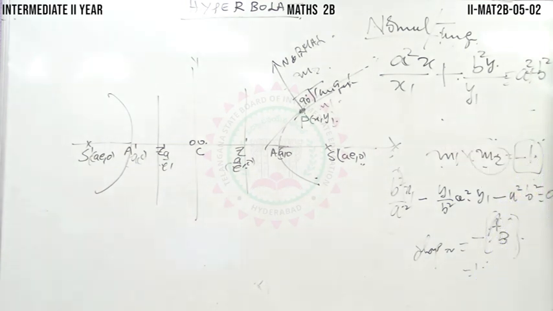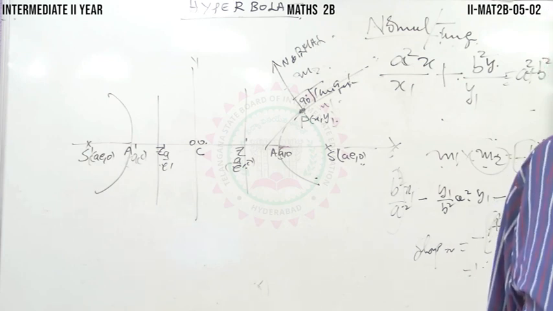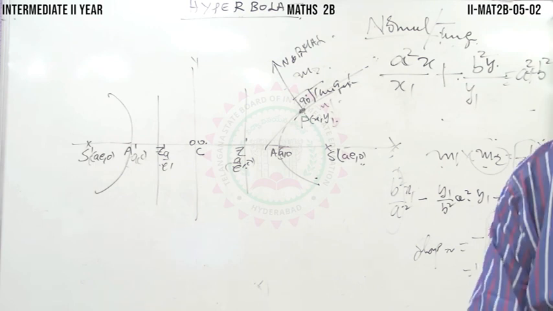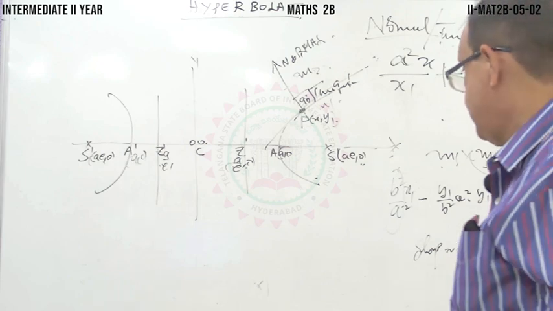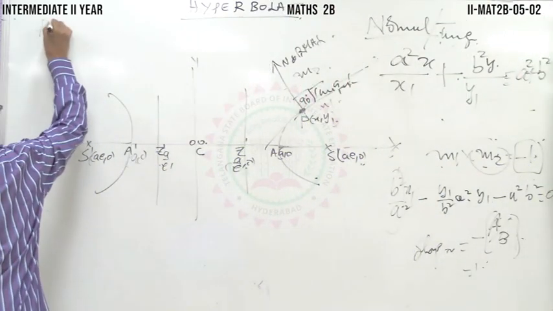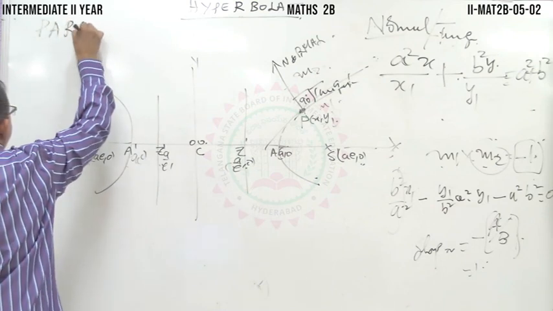Parametric equations, and then we have equations of tangent at theta. How do we write parametric equations in this case? As you have seen in the ellipse, we have come across parametric equations.